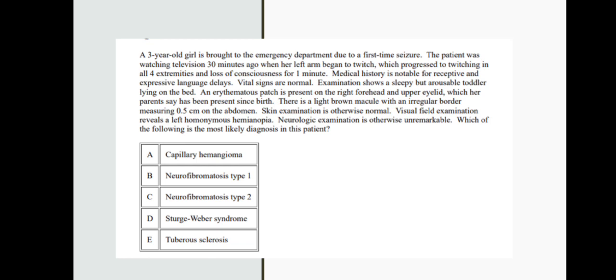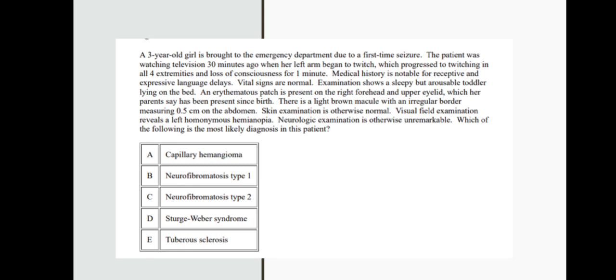Tuberous sclerosis is associated with other dermatological manifestations like hypopigmentation, ash-leaf spots, and angiofibromas. Neurofibromatosis type 1 is related to intellectual disability and seizure, but has other features like neurofibromas, axillary freckling, and café-au-lait spots. Neurofibromatosis type 2 mostly affects with cataract.